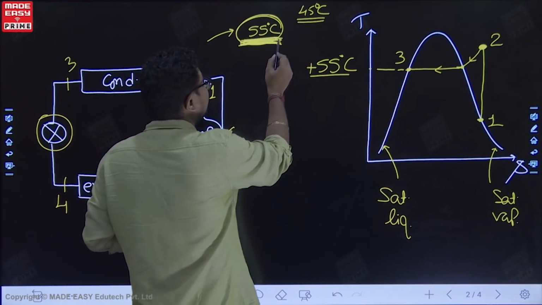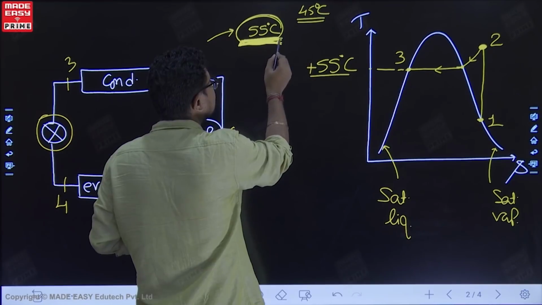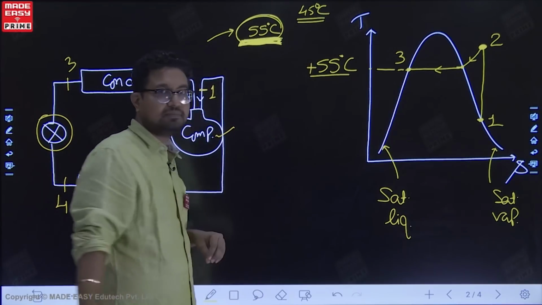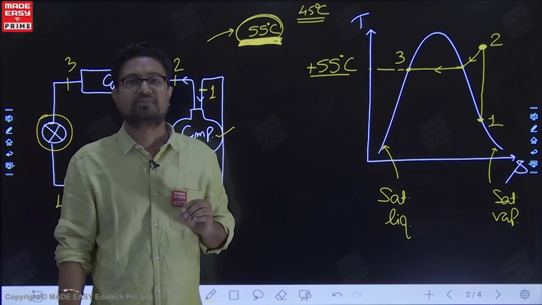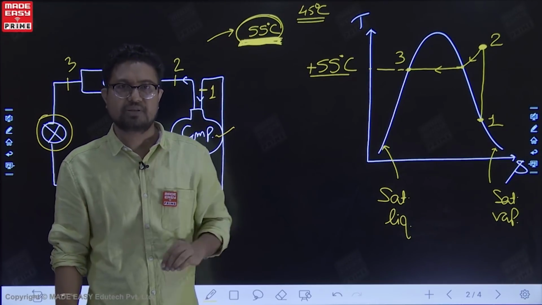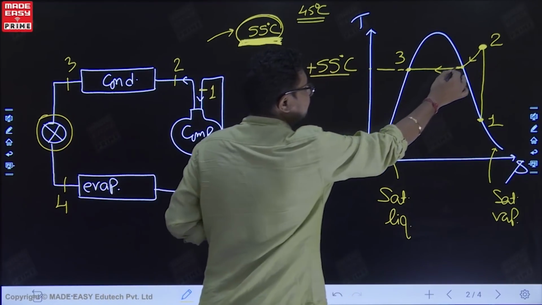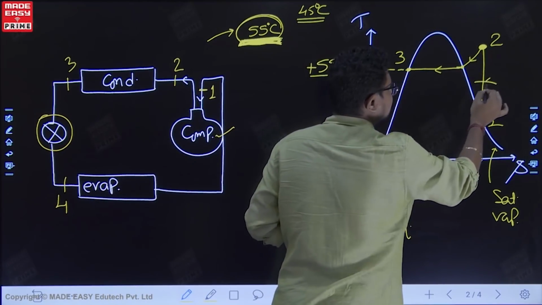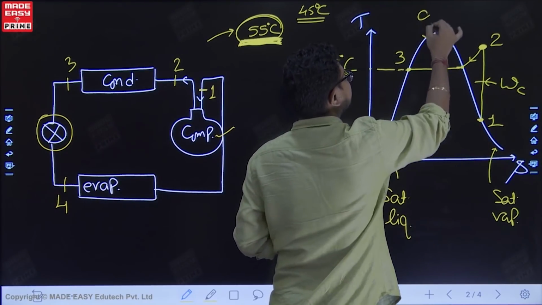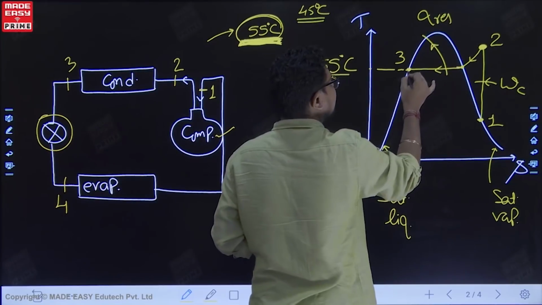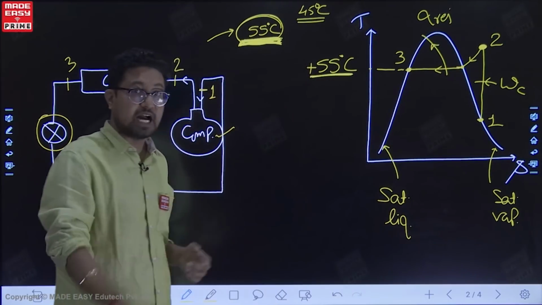So if the liquid has to change phase at 55 degrees Celsius, we will see the corresponding pressure from its property values. A lot of heat was rejected. This is the compression work. This is heat rejection. Now we have liquid at high temperature and high pressure.